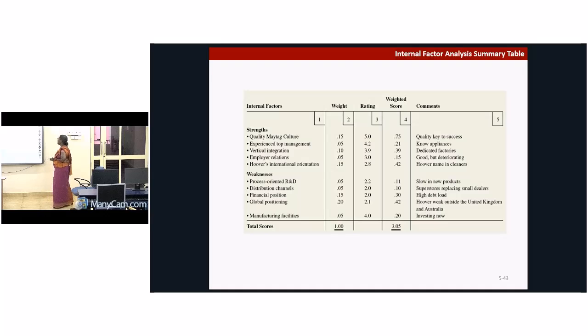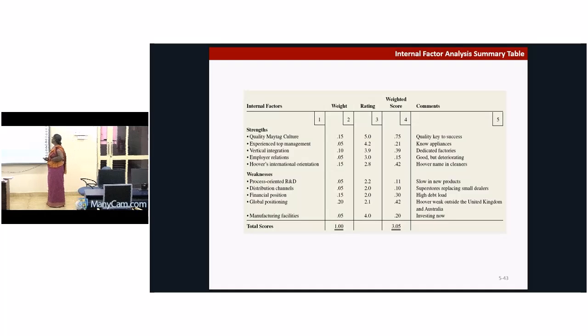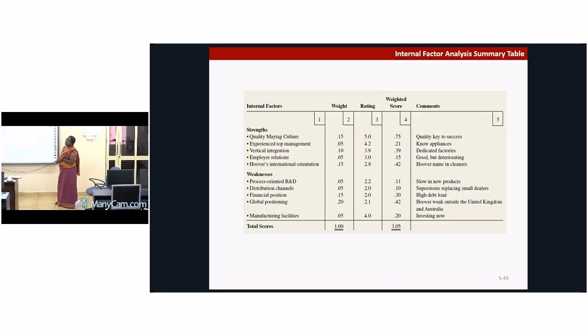Based on these strengths and weaknesses, you give them weights and ratings and finally get the final figure for their internal strategic position. This is called the internal factor analysis summary table.